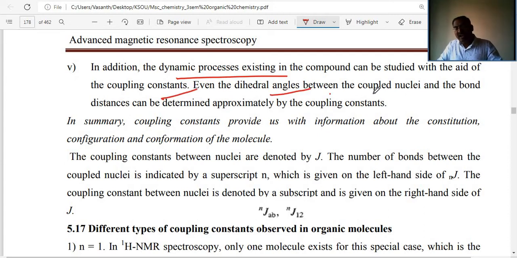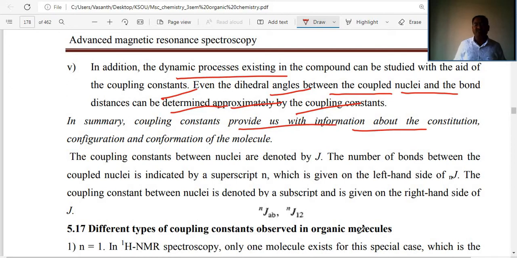Even the dihedral angles between the coupled nuclei and the bond distances can be determined approximately by the coupling constant. To summarize, the coupling constant provides us with information about the constitution, configuration and conformation of the molecule.